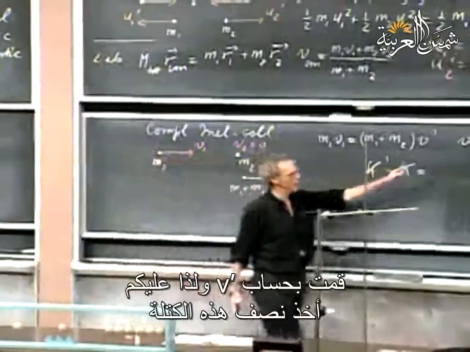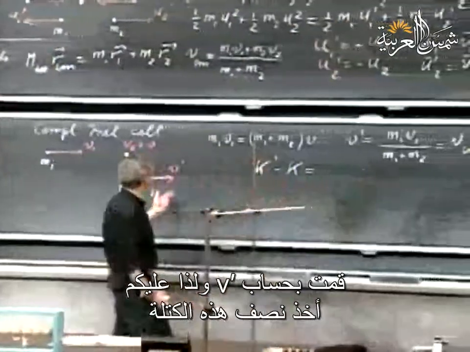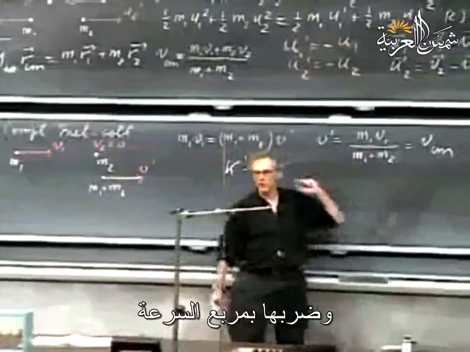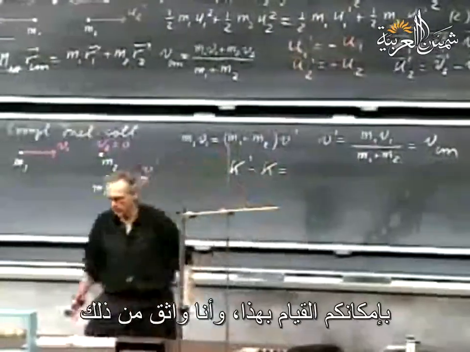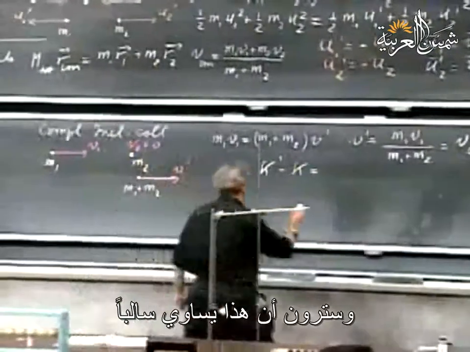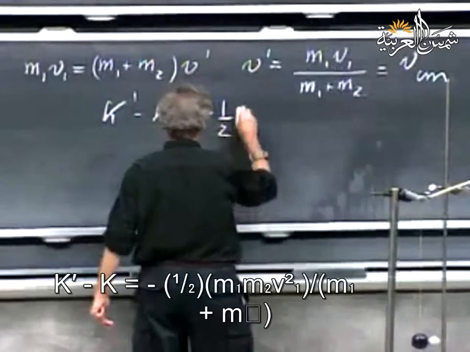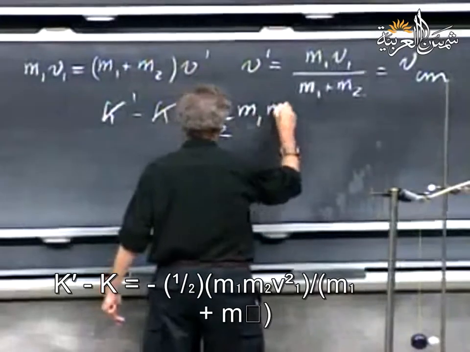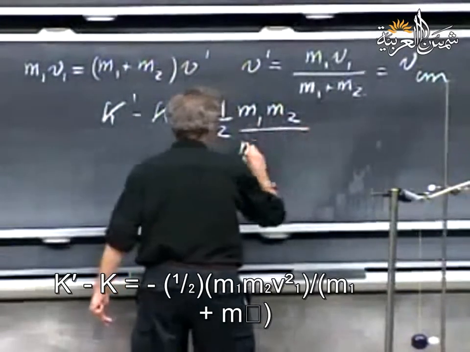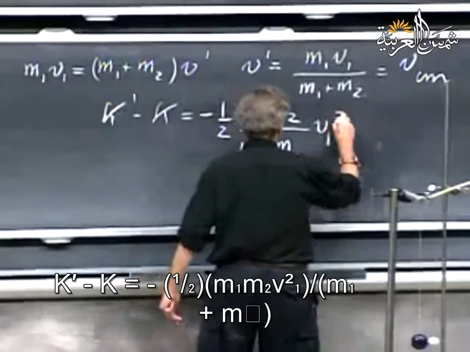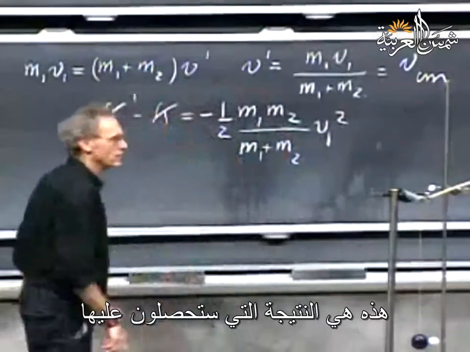I calculated V prime, and so you have to take half this mass, multiply it by this velocity squared. You can do that, and you will be able to see that this equals, you have to massage the algebra a little bit, minus 1/2 M1 M2 divided by (M1 plus M2) times V1 squared. That's what you will find.